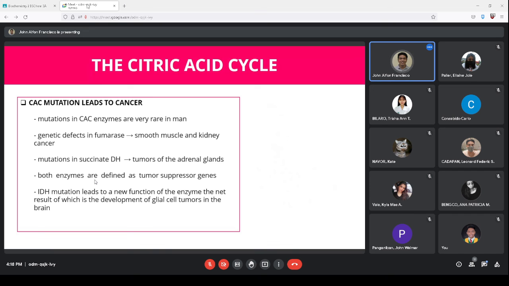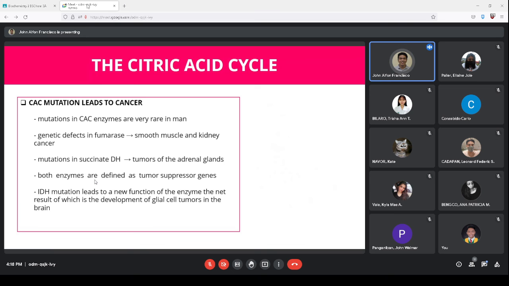That is how serious it is when you have a mutation or abnormalities in a specific part of the citric acid cycle. Mutation in succinate dehydrogenase can form tumors of the adrenal glands. Both enzymes are defined as tumor suppressor genes. So they suppress tumors, and when mutated, they induce tumors.